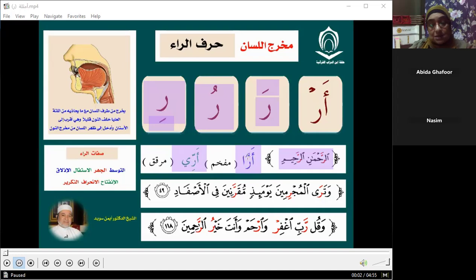So here the ra is full mouth, mufakham, and here it's muraqqaq. Ra, ra, ra, not ara. Hamza is a light letter. Ra, آري.